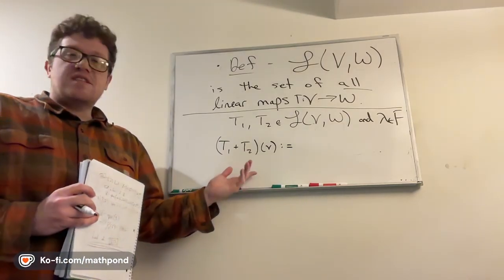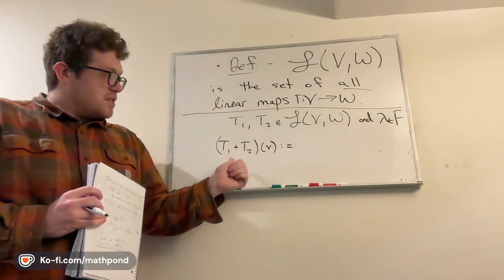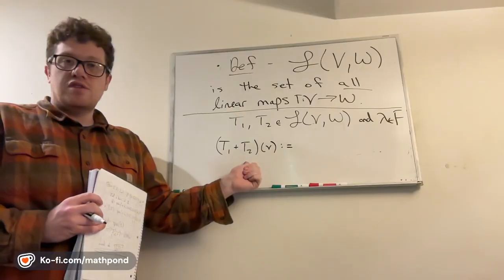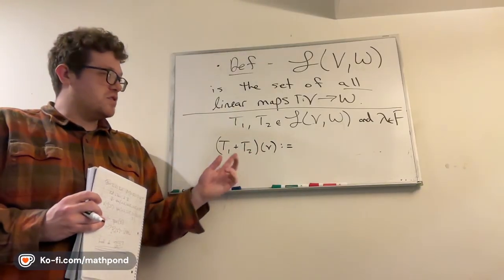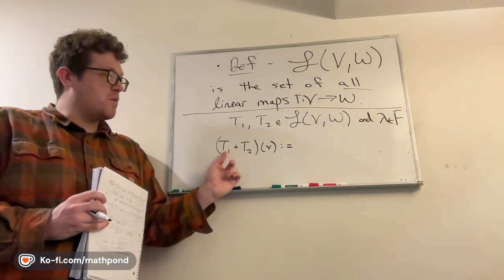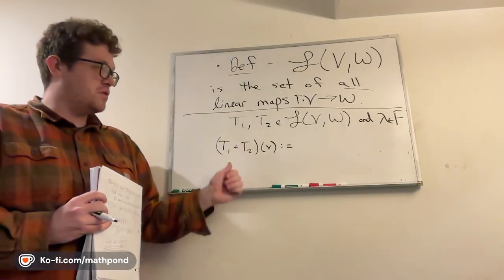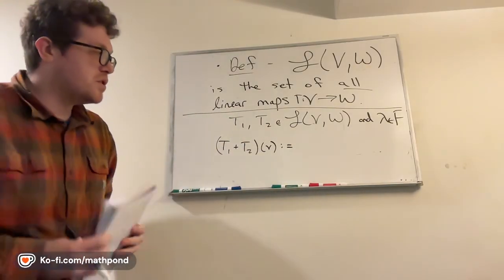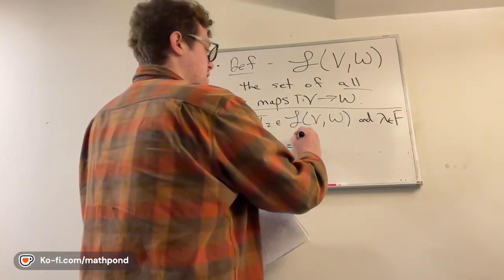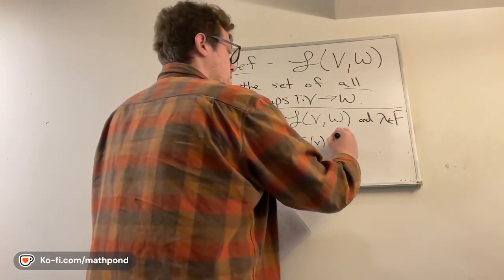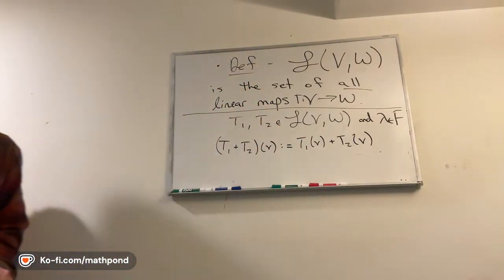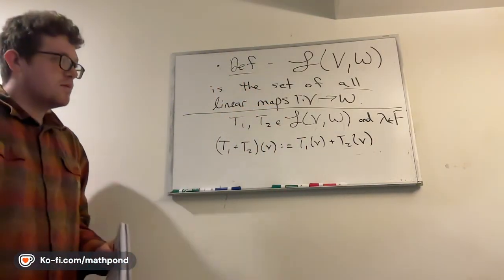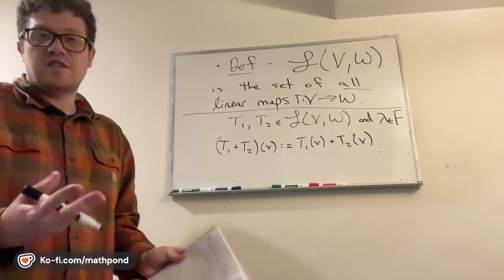It's just basically the normal map you would imagine. If you add two functions, this is just the general notion of adding the values of two functions. They just happen to be linear in this sense, and when we add them, we get a new linear function. So (T1 + T2)(v) is just T1(v) plus T2(v). So just add them pointwise, basically.